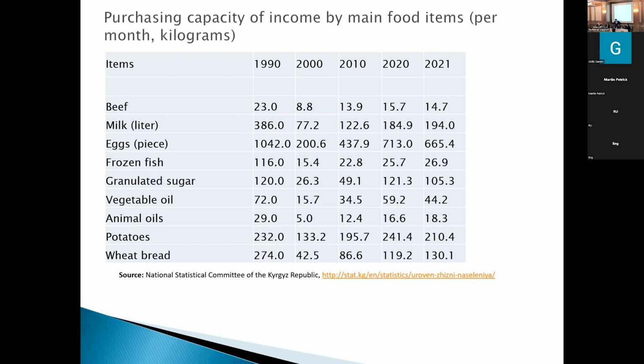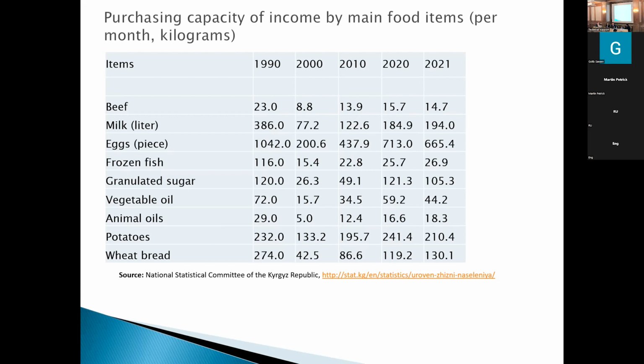When we also compare all of the goods, we can see that compared to the 1990s, the purchasing capacity of households decreased. We can say that in general. Here we can see the per capita consumption of food items in the 1990s.